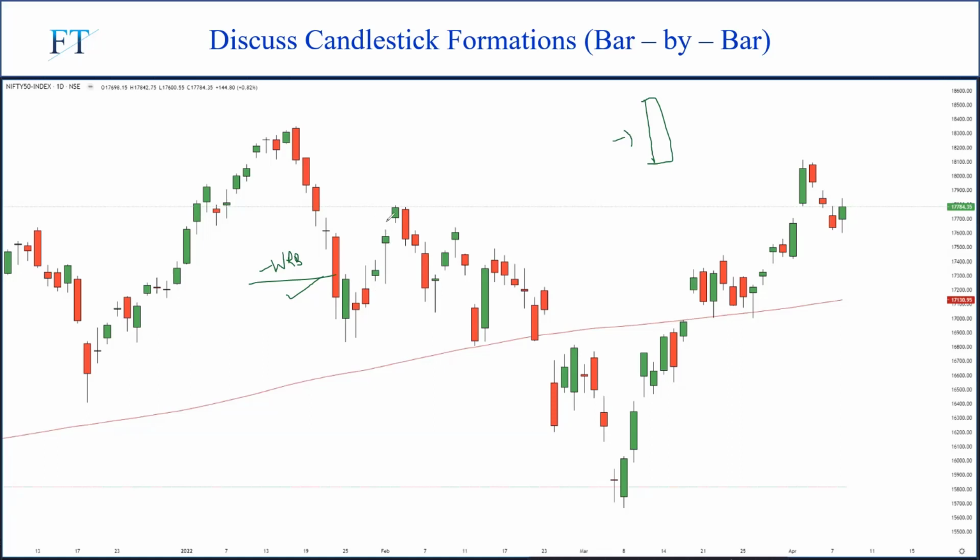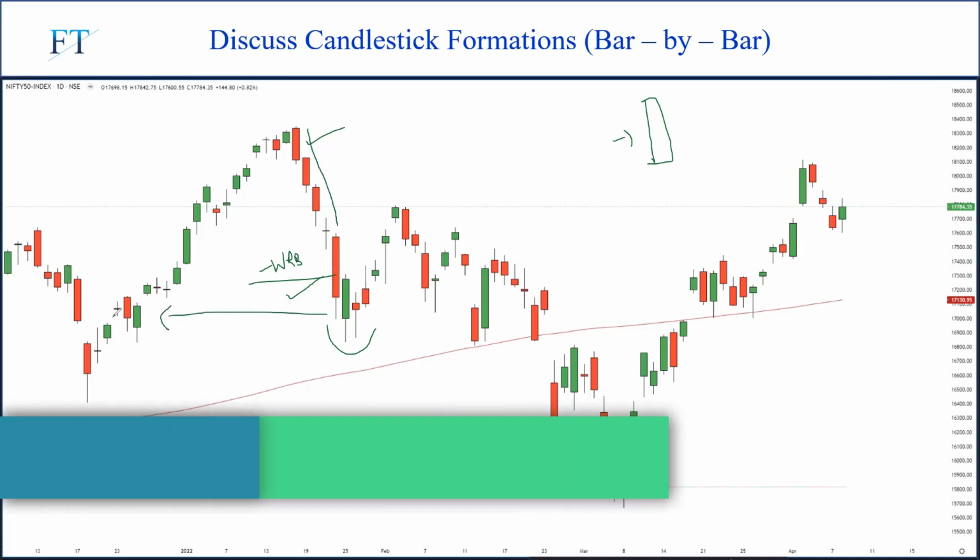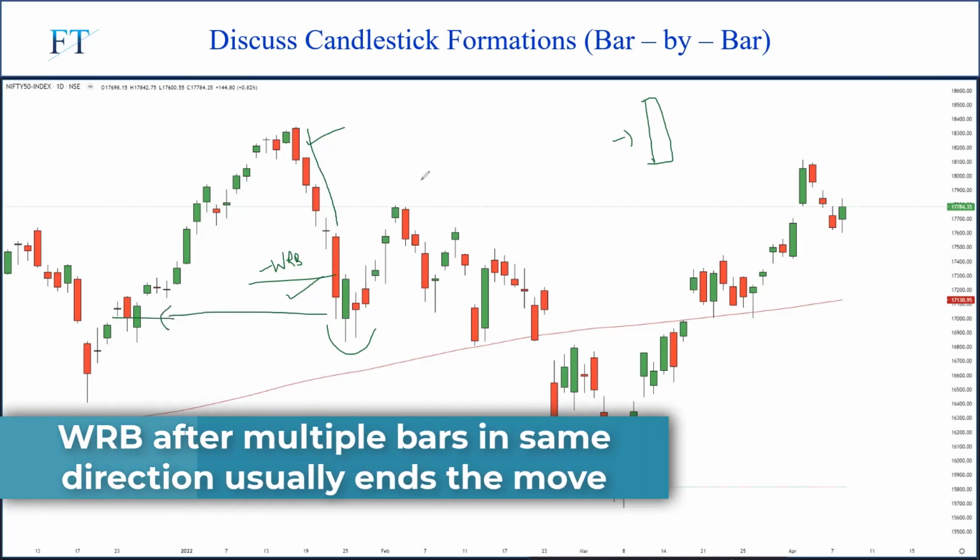So the market has reversed from this low here after this bearish wide range bar, because this bar has not initiated the move here, right? So this was not the first move. This bar has formed after multiple bars in the same direction, and it has formed right near the prior support area, which is why it becomes very important to look to the left.